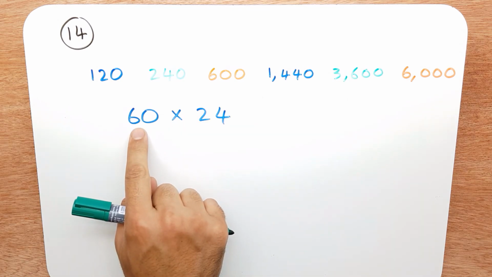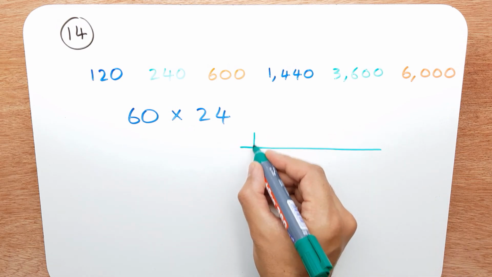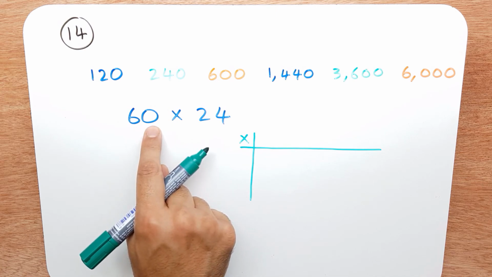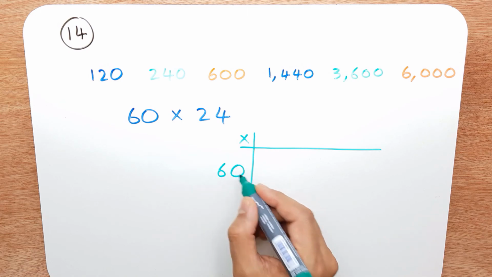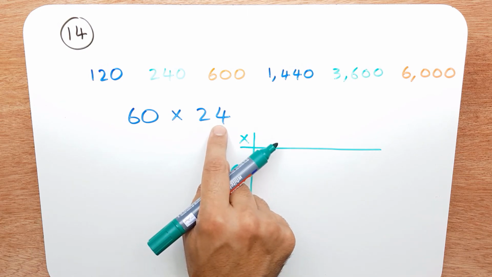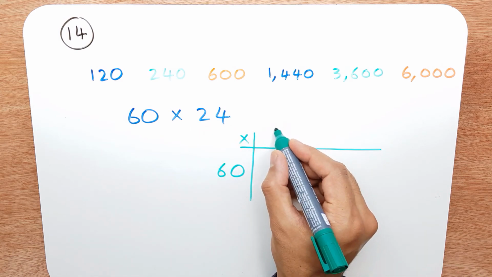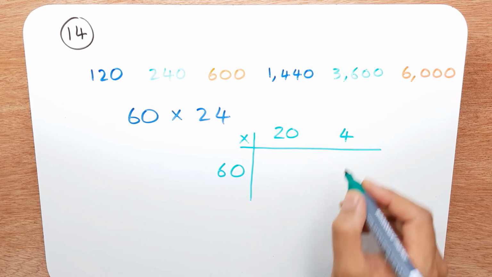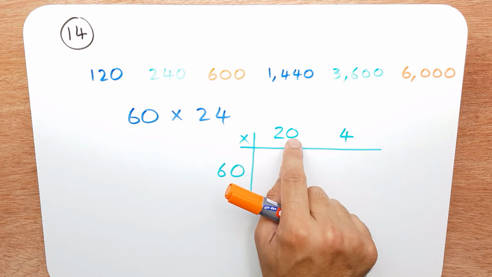Now what I want to do is this calculation using the grid method, because some people find that easier. So I'm going to write 60 down here. I'm going to write 24 here, but I'm going to split that up into 20 and 4. So I'm going to ignore these 2 zeros.